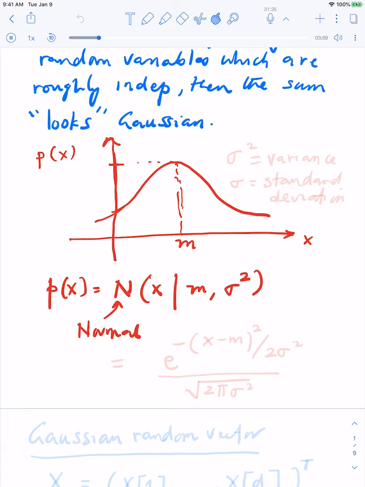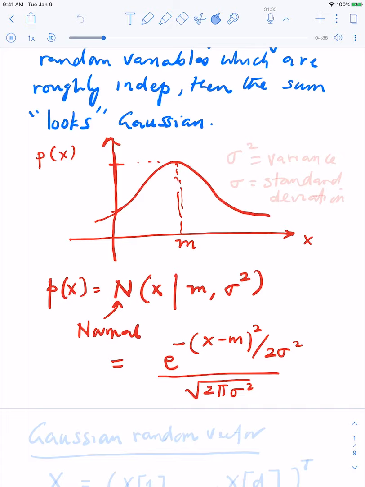And let me write down the form of the density. It's exponentially decaying as this. So basically, I'm looking at the deviation away from the mean, x minus m, and squaring that. The sign does not matter, only the size matters. And how fast it decays depends on how big the deviation is relative to sigma squared.